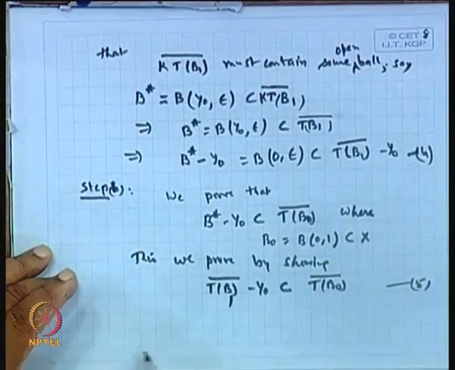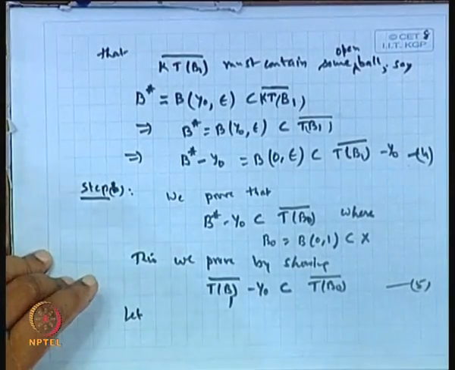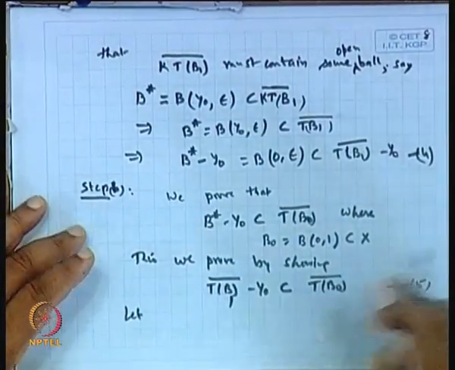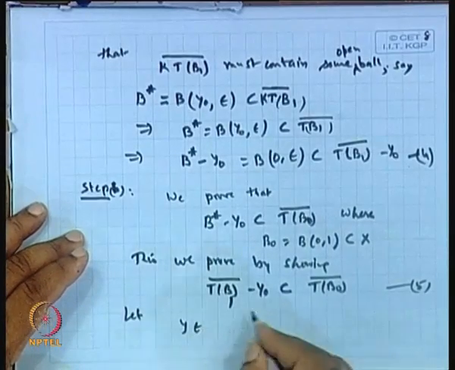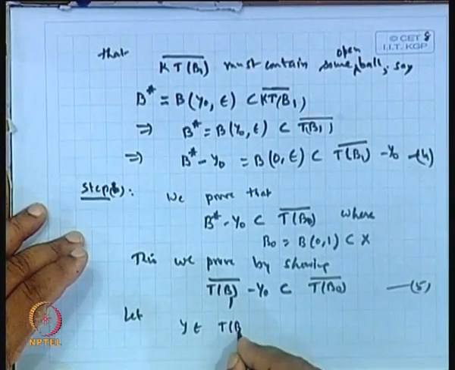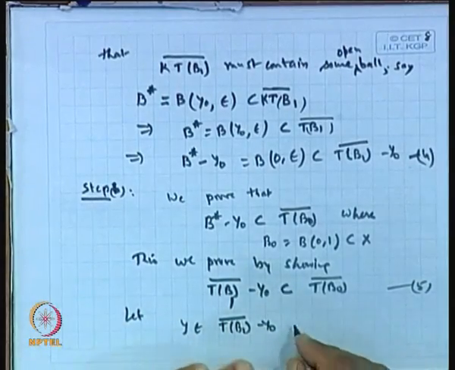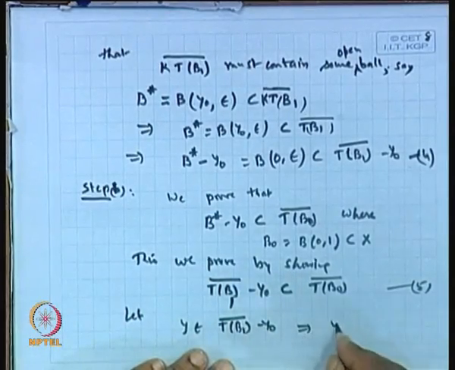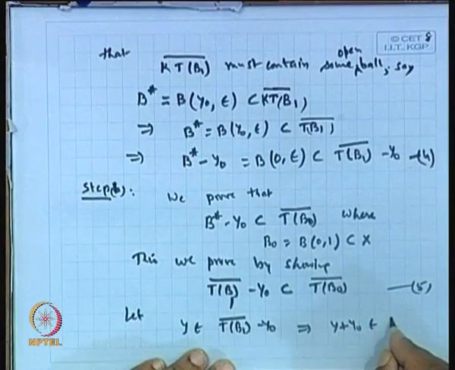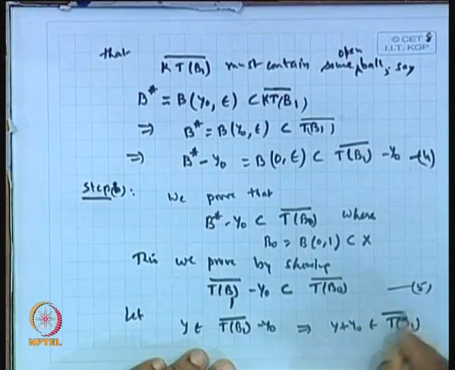Now let y belong to T B 1 closure minus y naught. This implies that y plus y naught belongs to T B 1 closure.